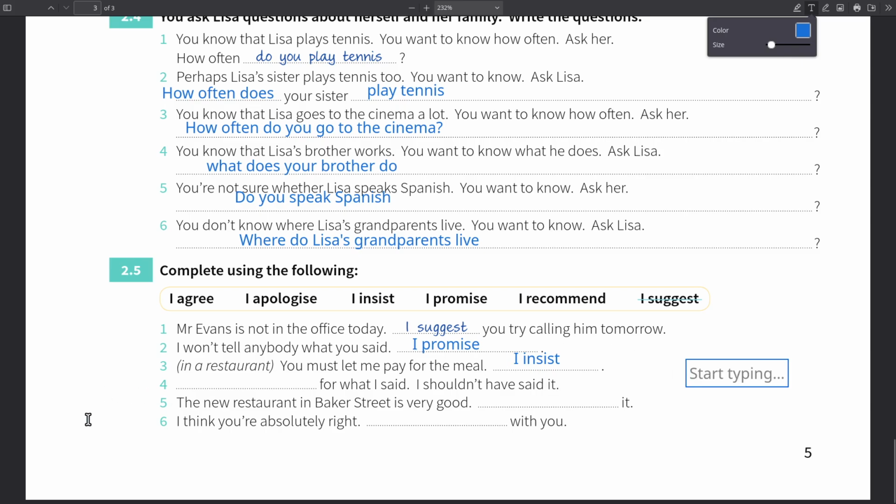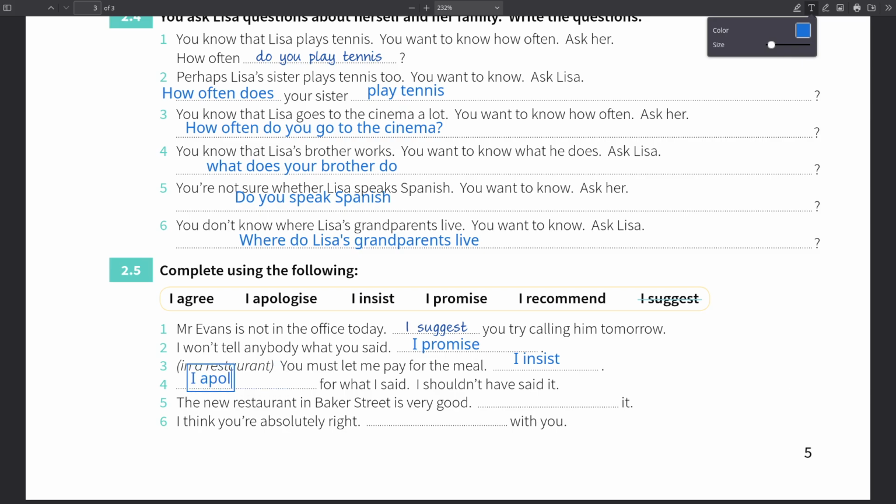The next one, for what I said, I shouldn't have said it. So in this case, it's I apologize. I apologize for what I said. I shouldn't have said it.